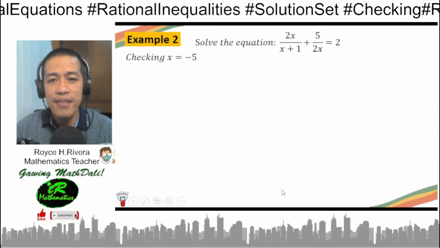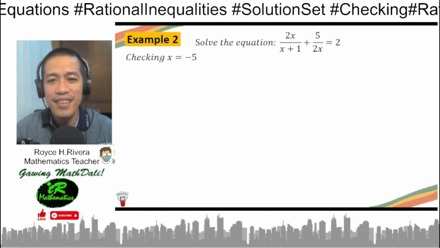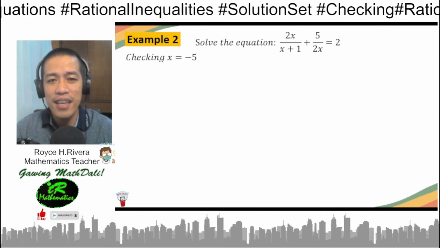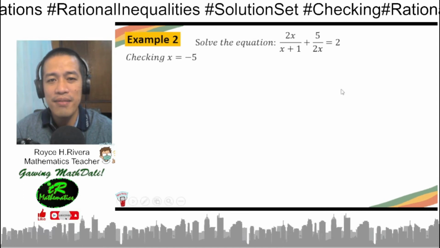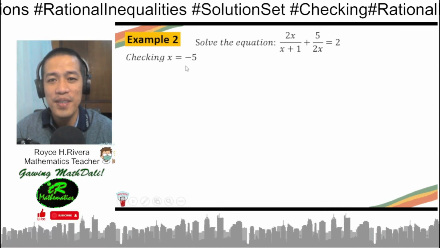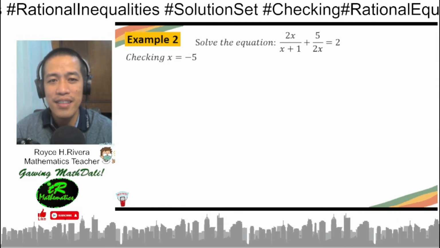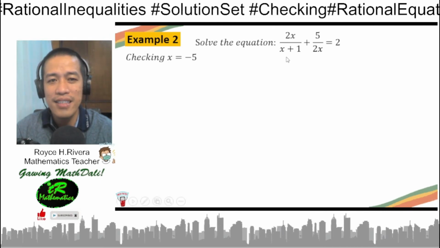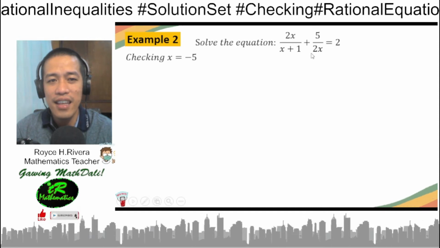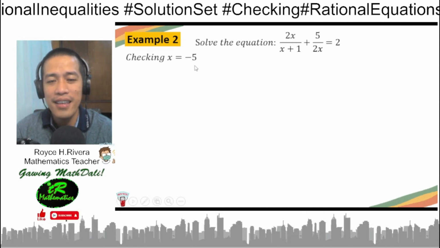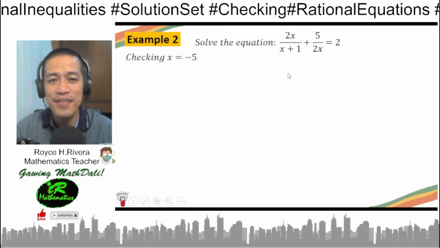Let us verify our answer. Let us check if negative 5 is the value of x that will satisfy the equation. Again, we will do that by substitution. We replace all x in the equation by negative 5.